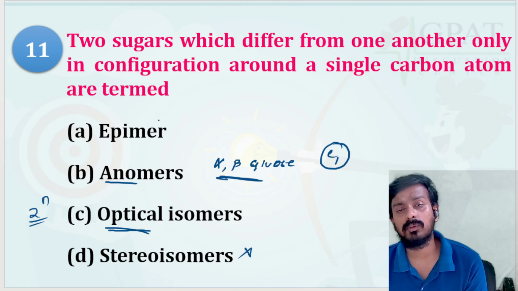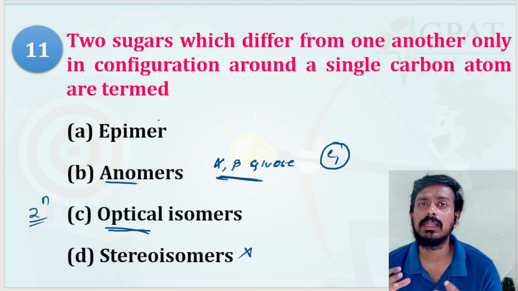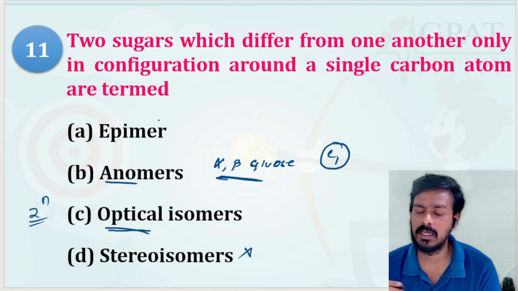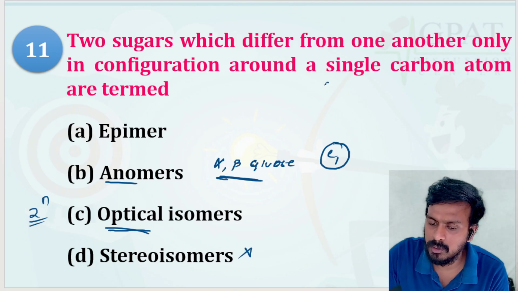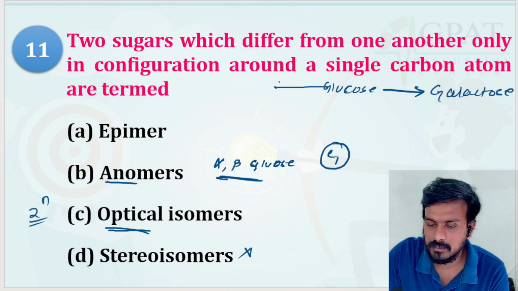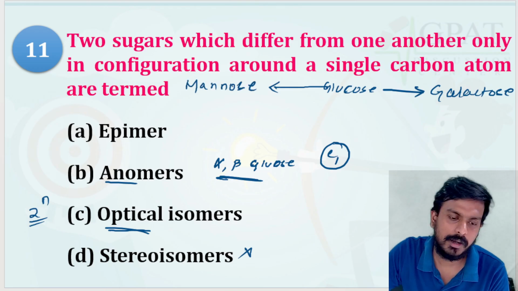So epimer means what? These are derivatives of carbohydrate that differ from each other around a single carbon atom, then we call them epimers. Let me give you an example: glucose, galactose, mannose.